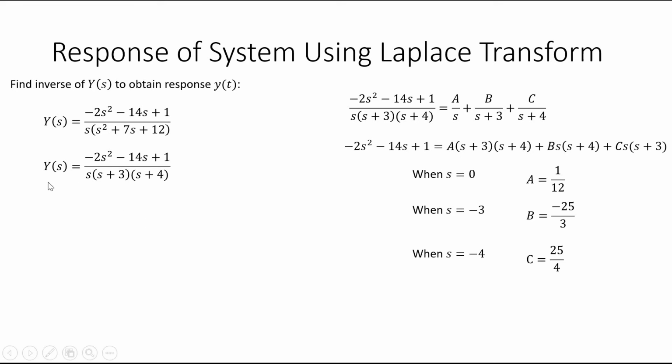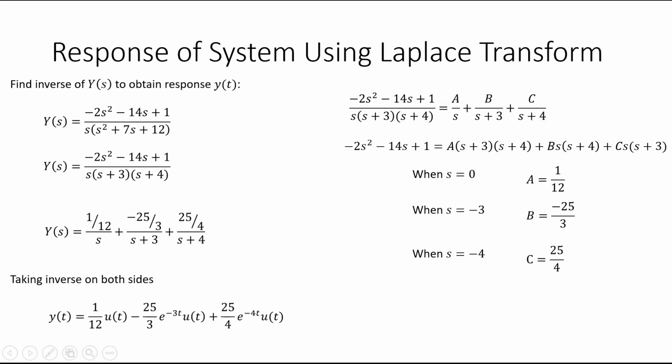So instead of this term we can write in terms of A, B, C, like y of s equal to 1 by 12 by s plus minus 25 by 3 by s plus 3 plus 25 by 4 into s plus 4. Then we can take the inverse directly.